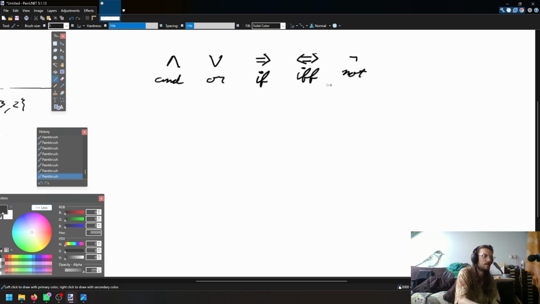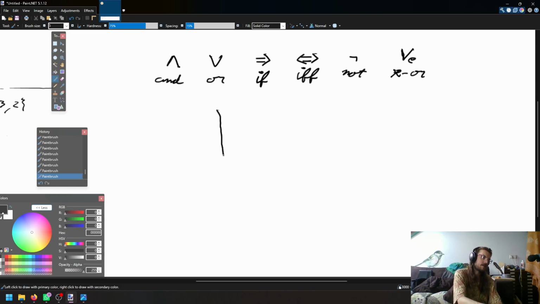This is if single F. So and, or, if and only if, not. Are there any important ones that I'm missing? Yeah, there's one from computer science that you don't really use in mathematics, and that is the exclusive OR, XOR, let me call it. And that one is an OR, but it's false when both are true. So only one is allowed to be true.